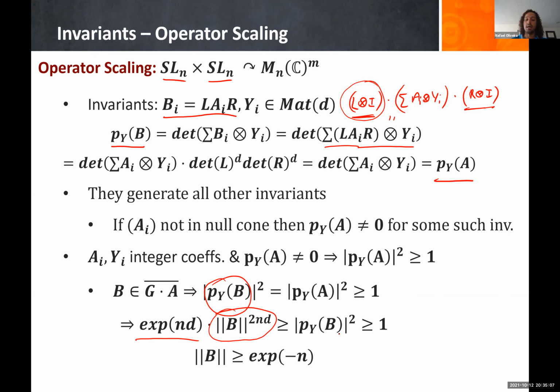And now we know that this is greater or equal to 1, which means that if I'm not in the null cone, I know that the norm of my scaling will be greater than e to the minus n. Just by this reasoning, because I have a d here and I have a d here, but the d's get canceled out.